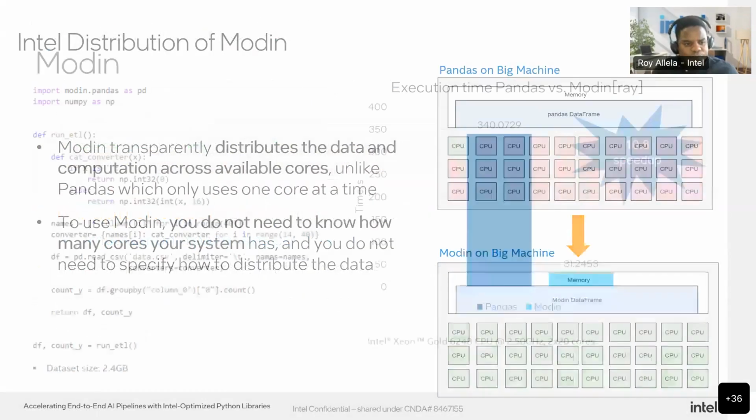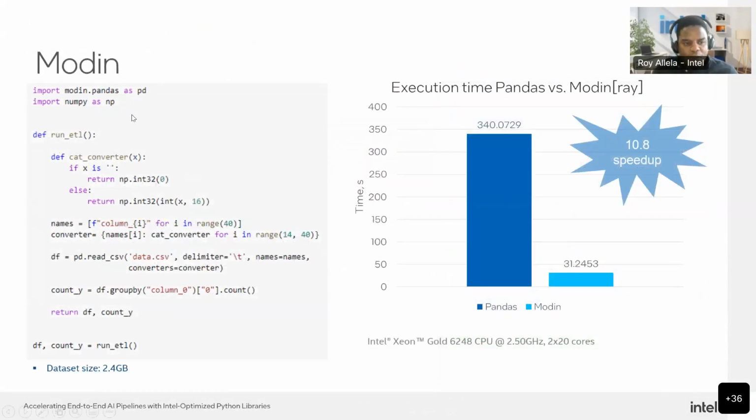for accelerating your data frames. We have an example code snippet here showcasing the performance comparison for Modin versus Pandas, and this is a simple ETL function. ETL means extraction, transform, and loading of your data. It's a data processing step that's widely used.